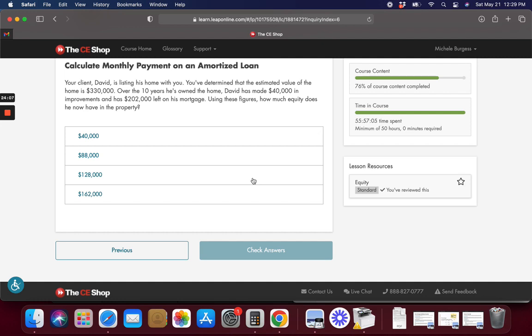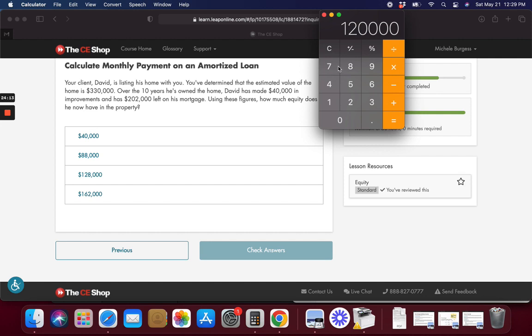Using these figures, how much equity does he have? All right, so the value of his house is $330,000, and he made $40,000 in improvements, $370,000, and he has $202,000 still left on his mortgage.